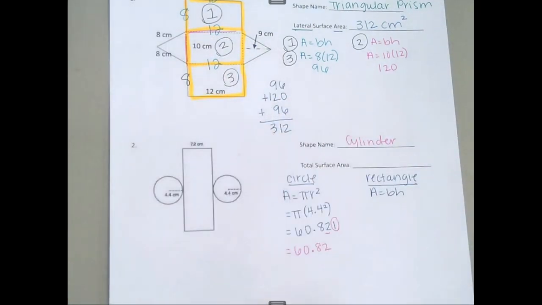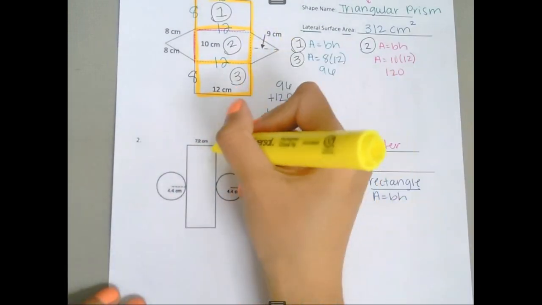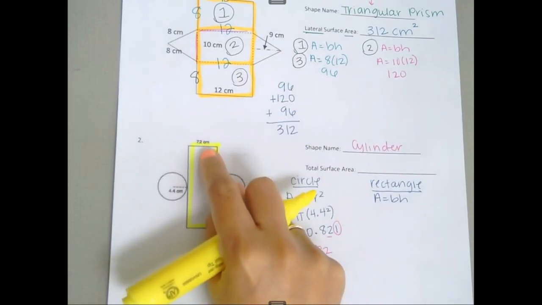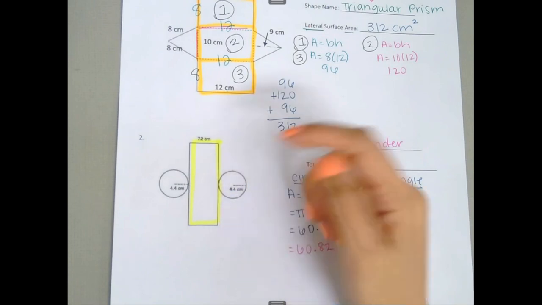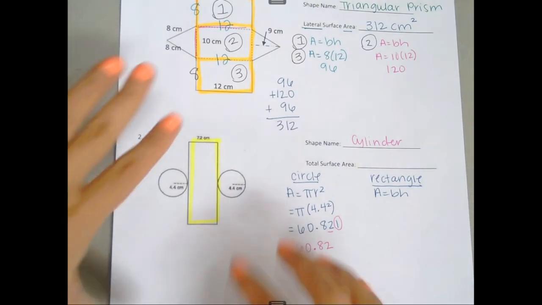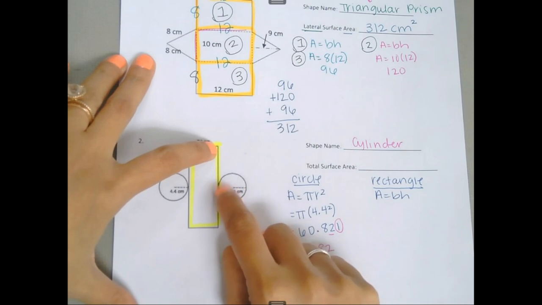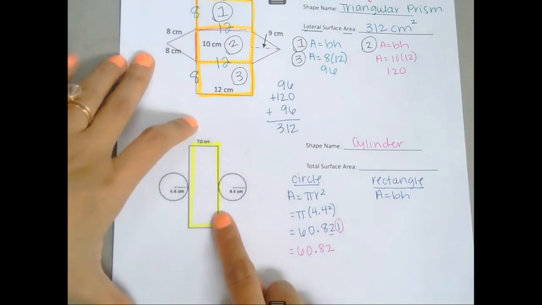Now for my rectangle. When I look at my rectangle, I only have one dimension, and that's right here. So in order to get my long side, my length, what I need to do, if I close this shape up, I would notice that the distance all the way around the circle would roll up to my length.